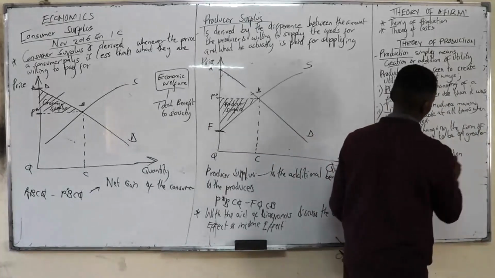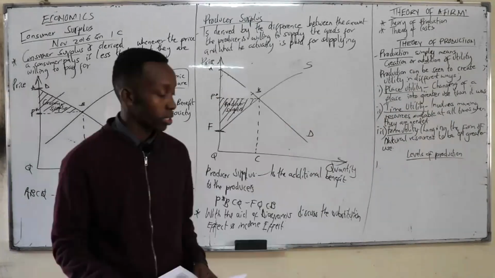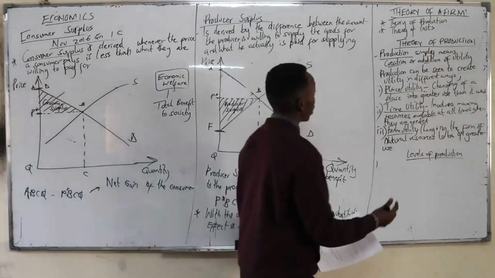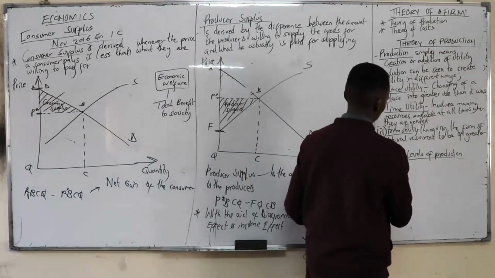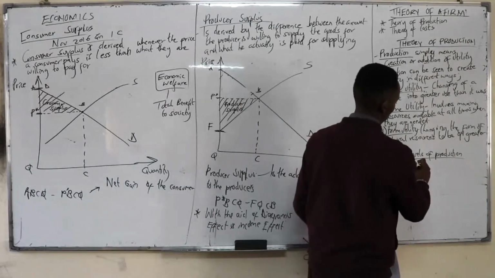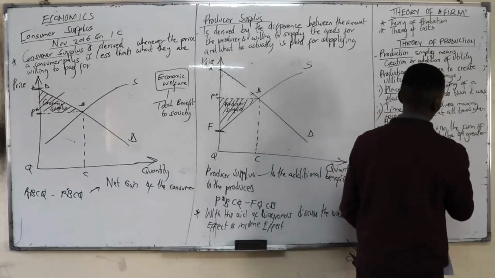The levels of production are in three ways. We have the primary level of production, the secondary level, and the tertiary level. So we have the primary level, also known as the extractive level.